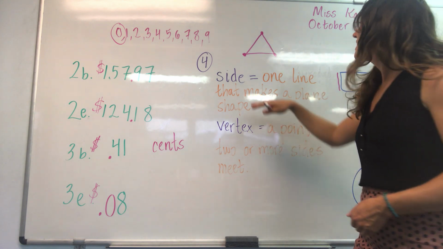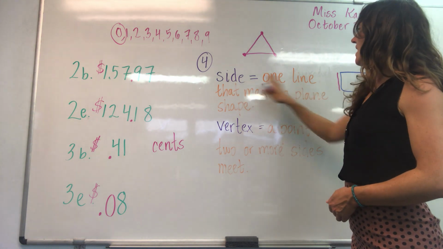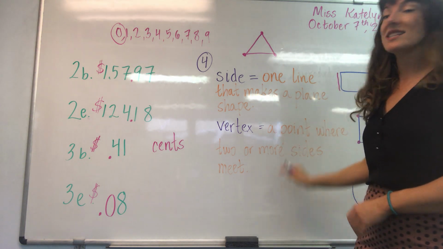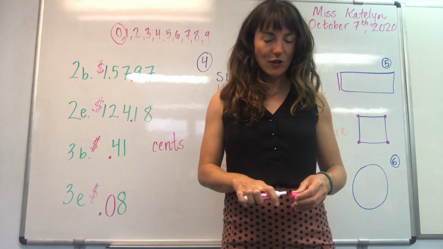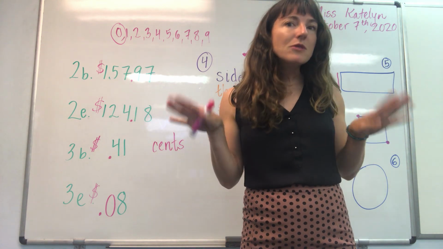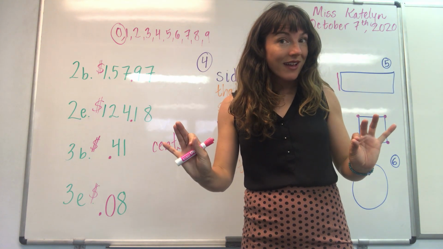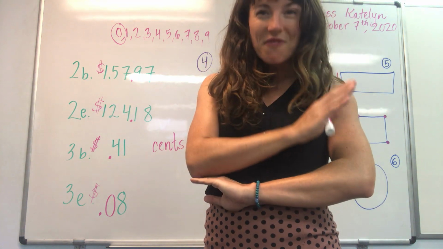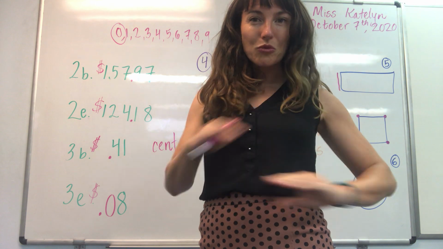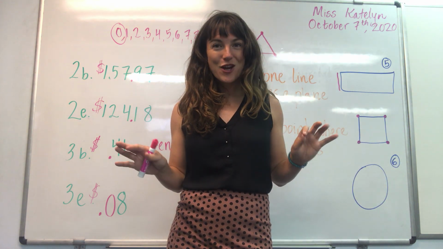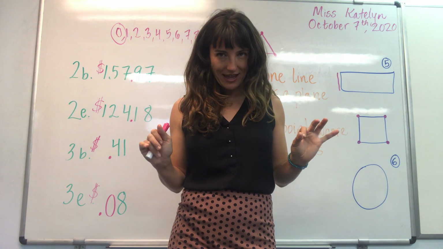Count the lines. We'll count the sides, one line that makes a plane shape, and count the vertexes, or the points where two or more lines meet, those black dots, okay? That's how you do section number 4. Let's skip to section number 5, because we want to cut or divide or break these plane shapes in half perfectly.